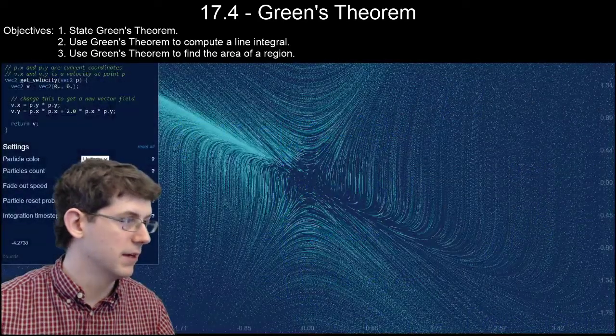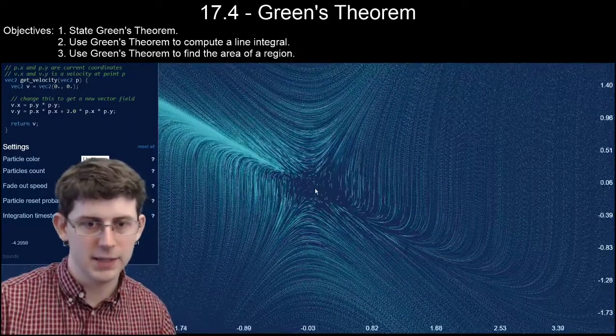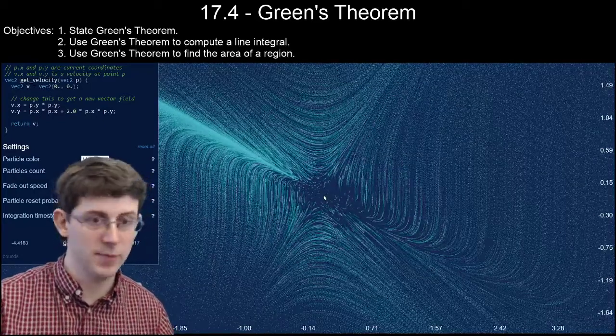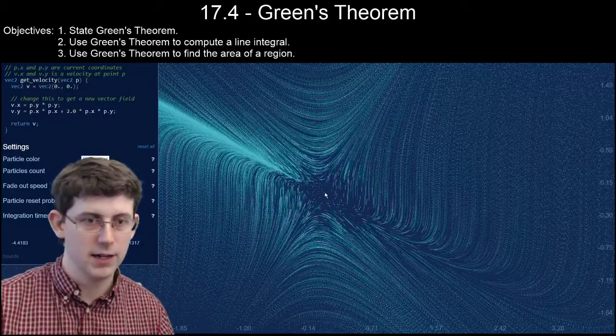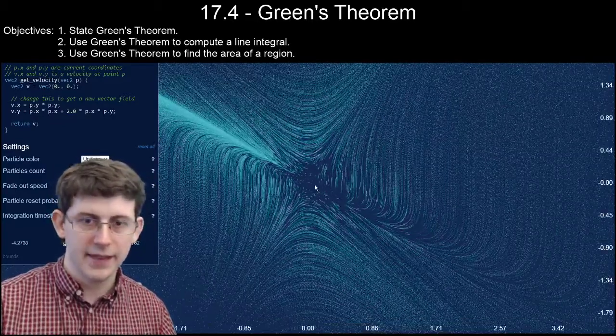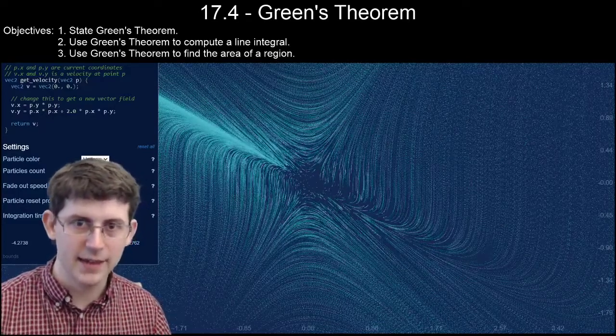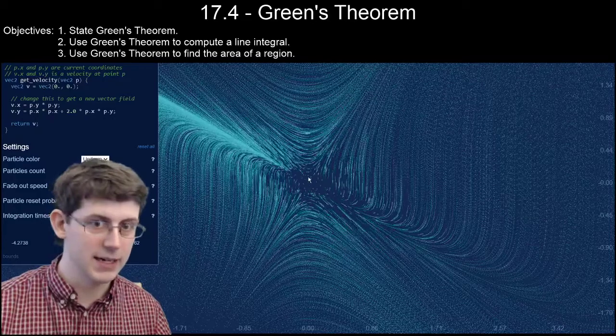I'm in Field Play again, which we've looked at a couple times, it's Anvaka Field Play, which is what you can search for. We're starting here at the origin. The path that we followed was a parabolic path, and we came back along a line segment.